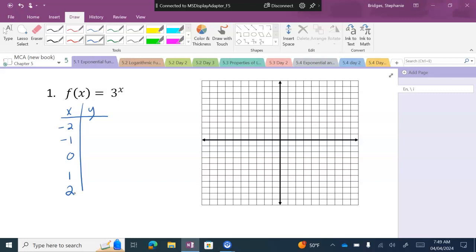So if I do -2 and plug that in, what is 3 to the -2 power? 1/9, yep. And then if I plug in -1, 3 to the -1 power is going to be 1/3.